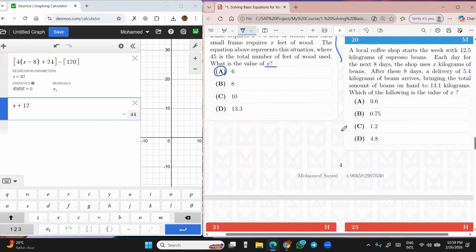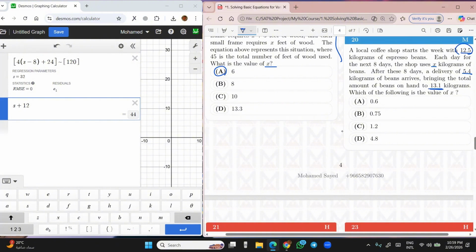Question 20. A local coffee shop starts the week with 12.5 kilograms of espresso beans. Each day for the next 8 days, the shop uses x kilograms of beans. After these 8 days, a delivery of 5.4 kilograms of beans arrives, bringing the total amount of beans on hand to 13.1.